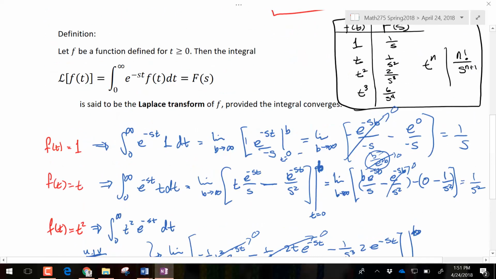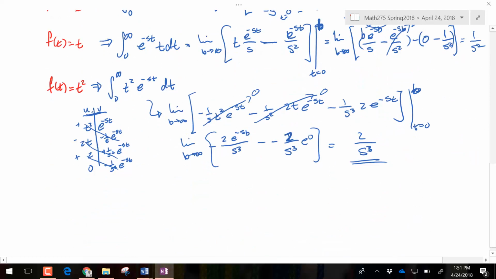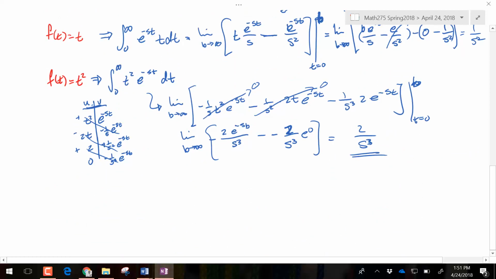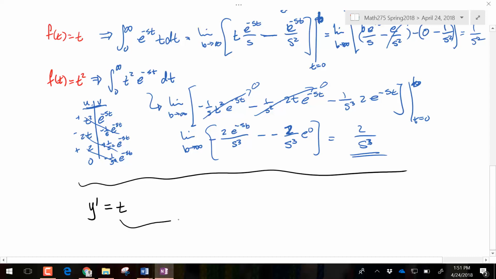Well, we would go into the Laplace world. So the thing is, if we say we have a simple differential equation like y prime is equal to t or something like that, to go into the Laplace world, you know now the Laplace of y prime equals the Laplace.